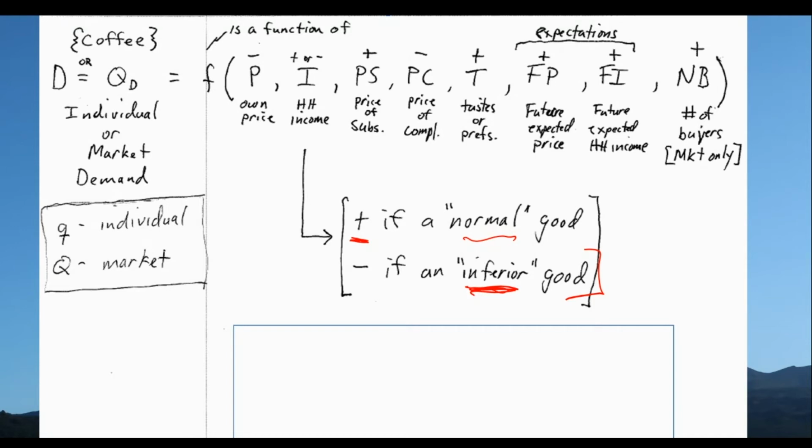But as your income goes up, because you get a more lucrative job, let's say, you're now going to give up the cheap beer and you're going to move to craft beer instead. So that means that as your income rises, your demand for the inferior good, the cheap beer, is going to go down. You're going to demand less of it because you're going to substitute for a better product instead. All right, and that's the rationale.